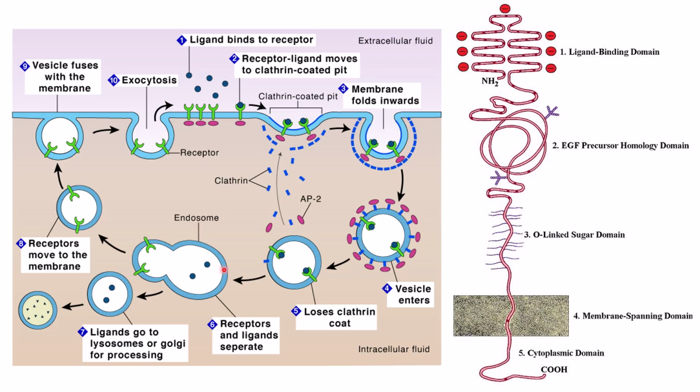These are the early endosomes, and because of this acidic pH, the LDL dissociates from its receptor. Okay, and the receptor is recycled back into the plasma membrane, and it is ready to accept a new round of the ligand. Now what happened to this LDL? LDL is transported from the early endosome to the late endosome.